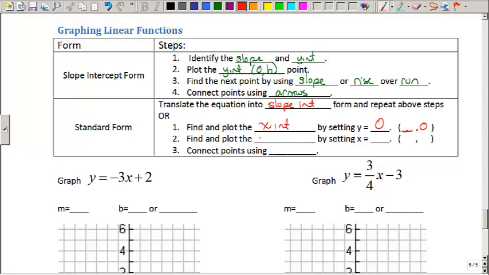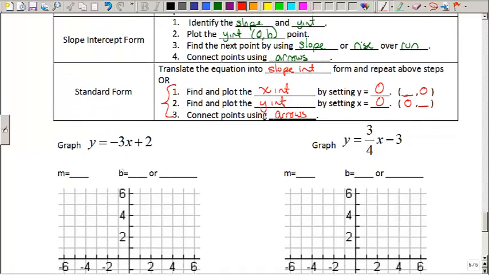Then you can find and plot the y-intercept by setting x equal to 0. And that point always looks like 0, some number. And then connect your points using arrows. On standard form, I'm going to be focusing in on the new steps, because on the first method you can just translate into slope-intercept form and you're already repeating the steps we've done before. Both methods are valid though.